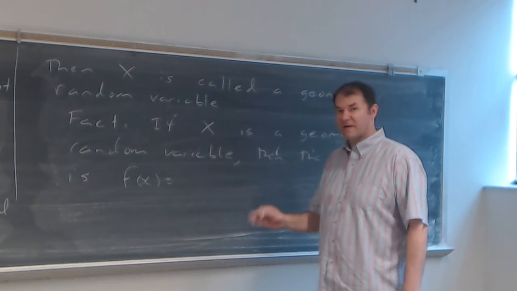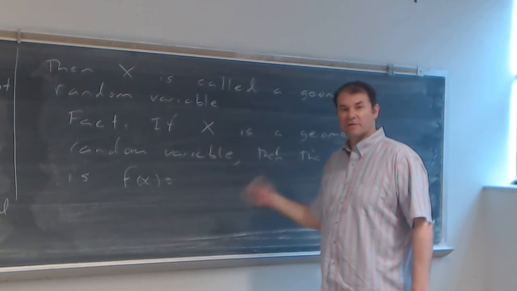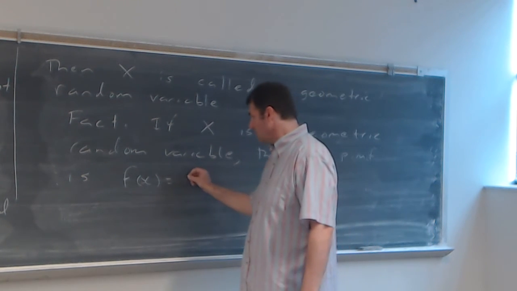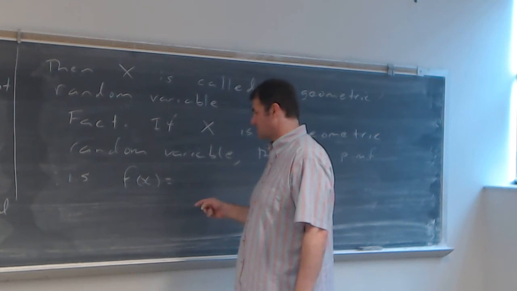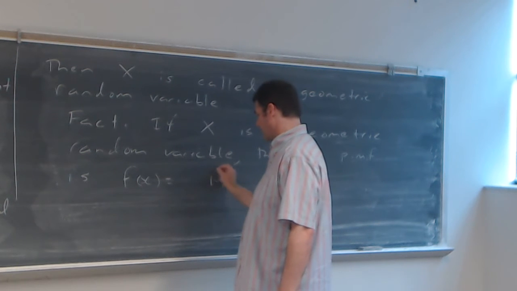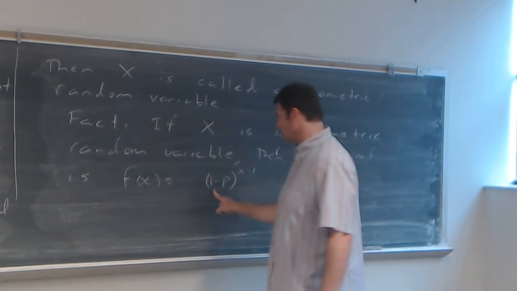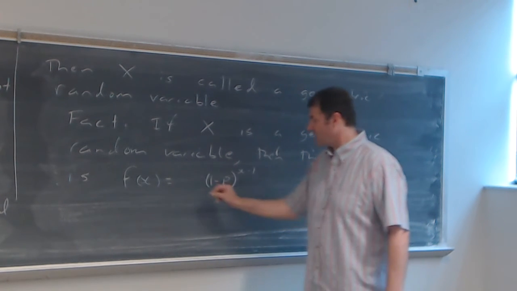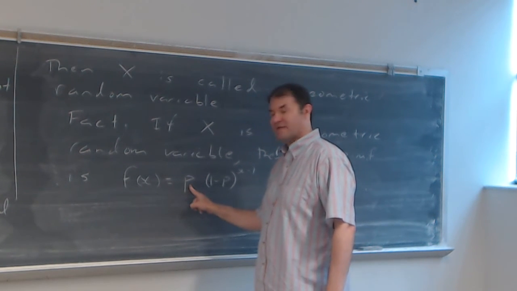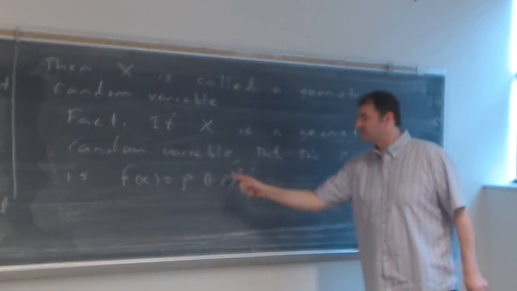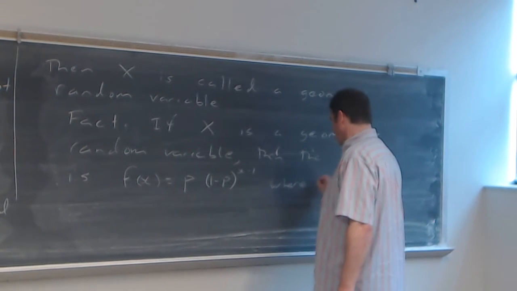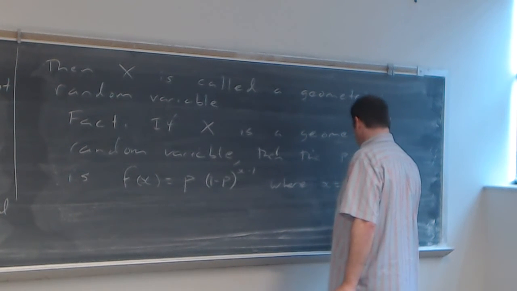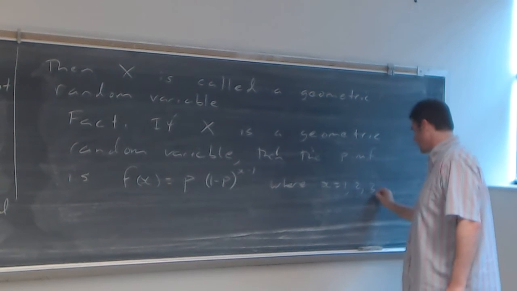You're going to be getting failure, failure, failure, failure, failure, and then you get a success. How many failures did you have? Well, x is the number of times that you do the experiment to get the first success. So the failures, there were x minus 1 of them, and the chance of a failure is 1 minus p. And the last one has to be a success, and the chance of that is p. They're independent, so that's why you have this multiplication. Where x could be 1, because you could have got a success the first time you did it, 2, 3, correct?